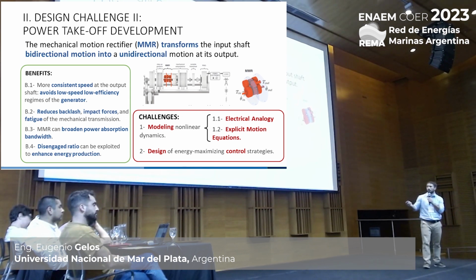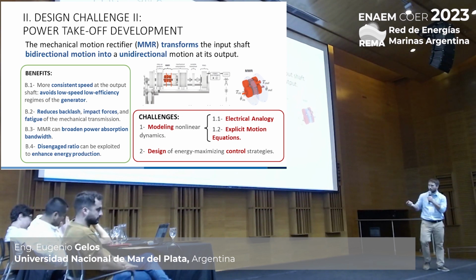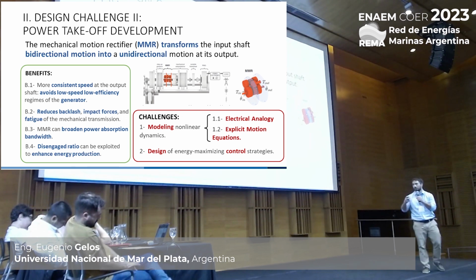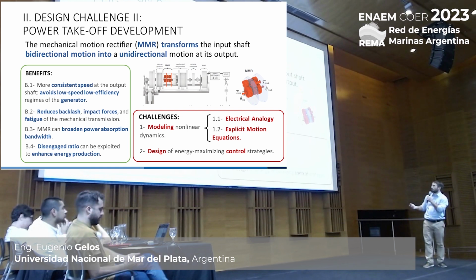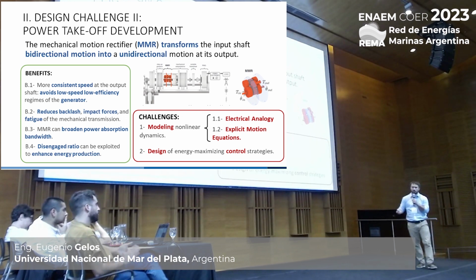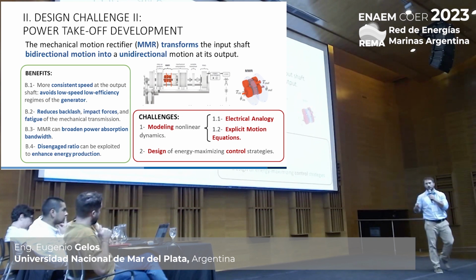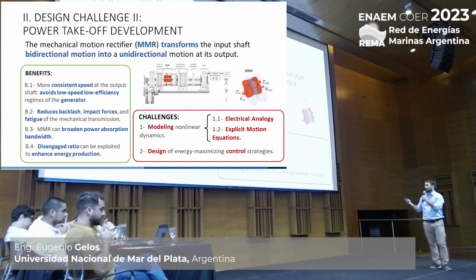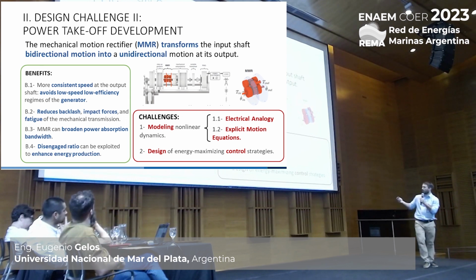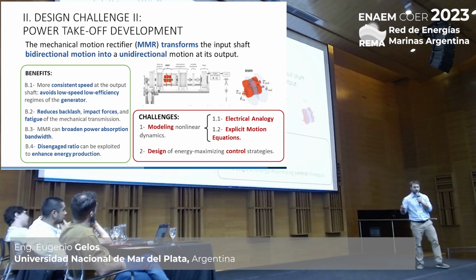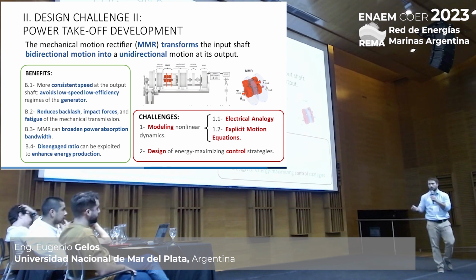Also, the MMR can broaden the power absorption bandwidth, and the disengaged ratio can be exploited in order to enhance the energy production. However, some of the challenges of including an MMR in the PTO are related to modeling its nonlinear dynamics and also the design of energy maximizing control strategies due to the inherent nonlinearities.